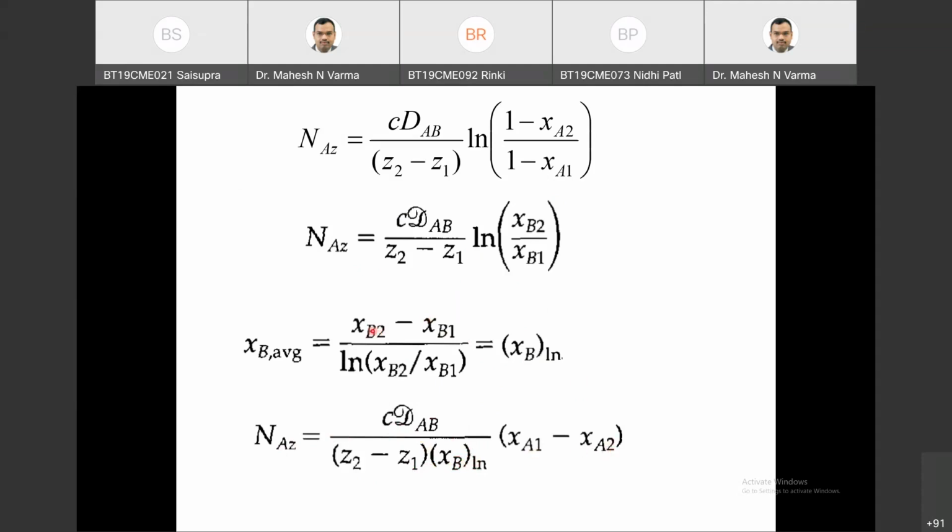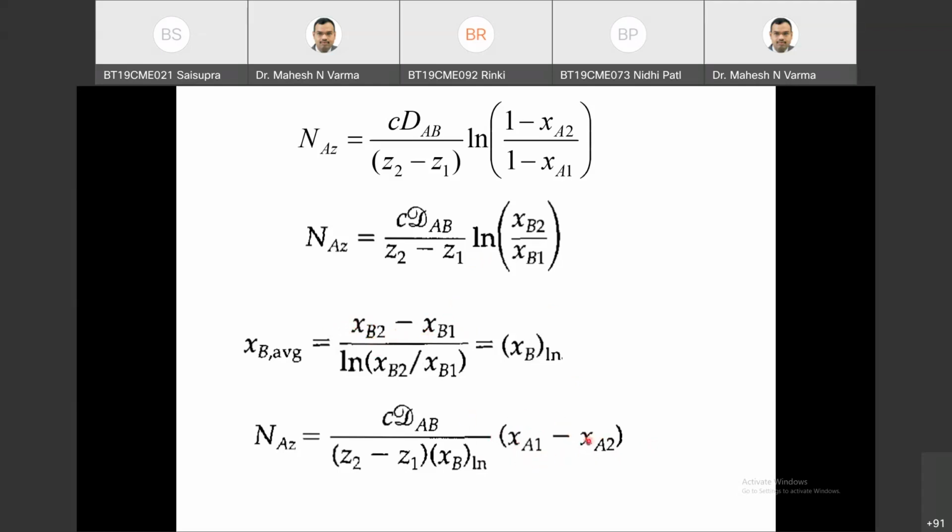So actually I should get XB2 minus XB1, but XB2 is again 1 minus XA2, and XB1 is 1 minus XA1. So this will be XA1 minus XA2. So these are equal.